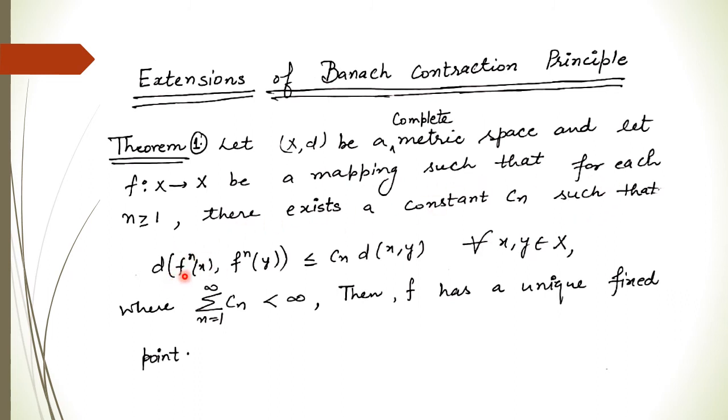The distance d(fⁿx, fⁿy) is less than or equal to Cn times d(x, y), and this is true for every x, y belonging to X, where these constants are such that the series ΣCn is convergent, so this is finite. Then f has a unique fixed point.